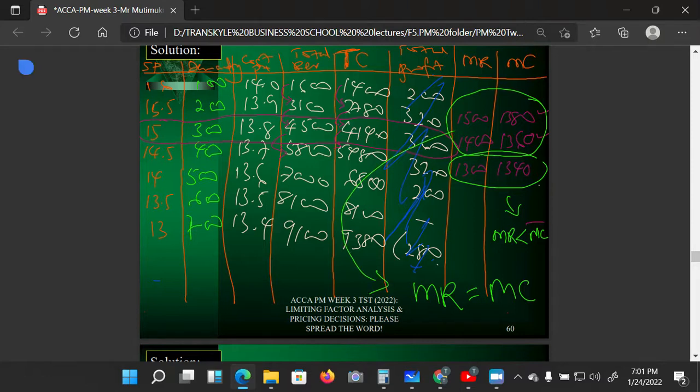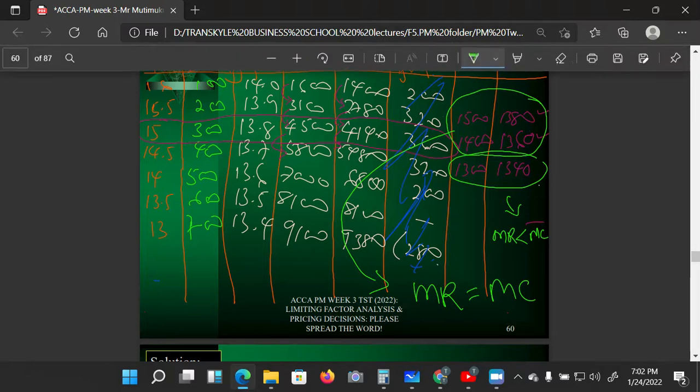Which one of the two combinations is in the best place to satisfy this equation, MR equals MC? Let us find out by identifying their differences.